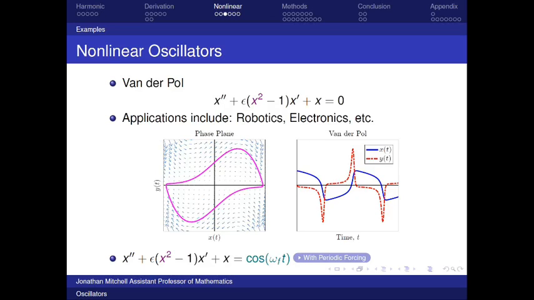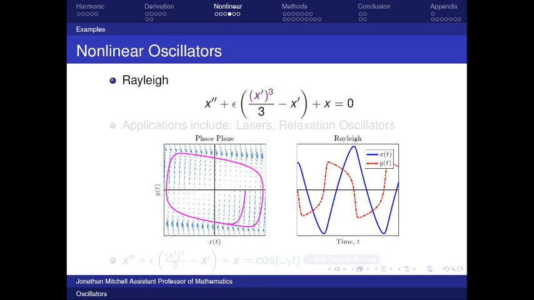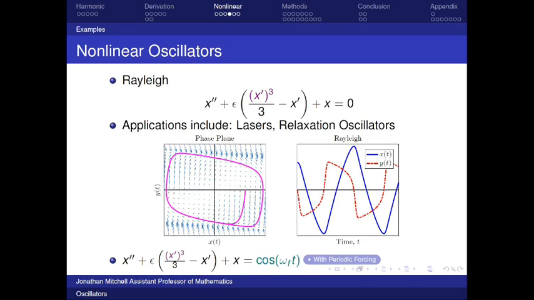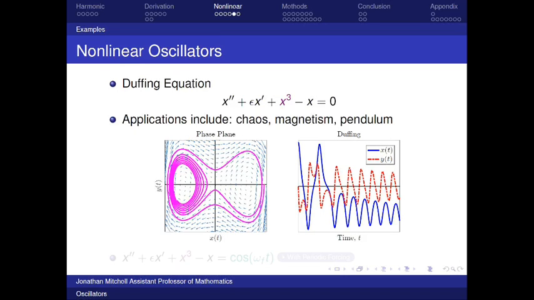All right? E to the x is the solution basically for our linear cases, but these solutions are not known exactly. We are left to approximate them. The Rayleigh equation is another popular one, which shows up in the literature at times and is widely studied. The Duffing equation comes up in discussions of chaos, magnetism, and the nonlinear pendulum, and so on.